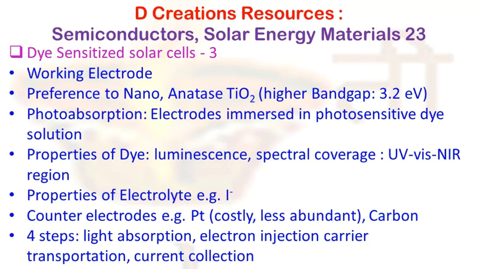Now to talk about the photosensitizer or dye. Dye is basically the component of DSSC which is responsible for the maximum absorption of the incident light. So in order to do that, what properties should it have? First of all, it has to be luminescent. Secondly, the absorption spectra of the dye should cover the ultraviolet and up to near infrared region, so the UV-visible-NIR region.